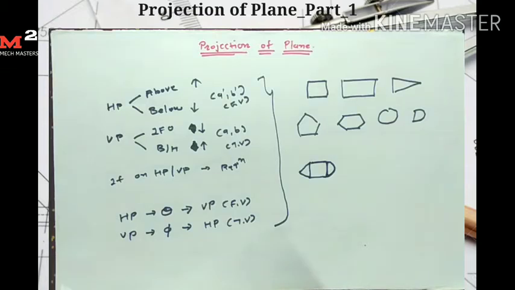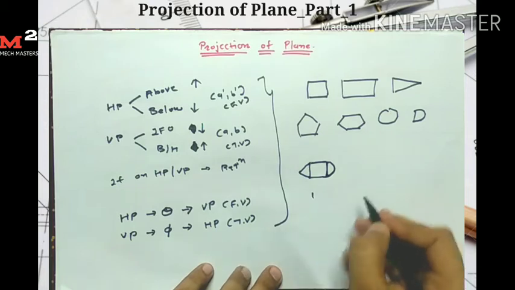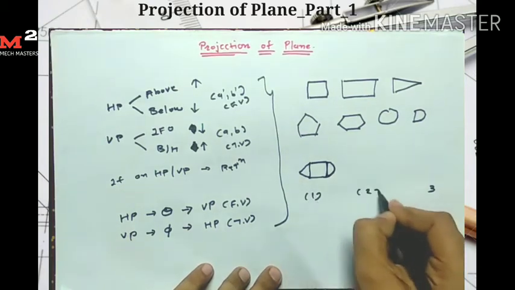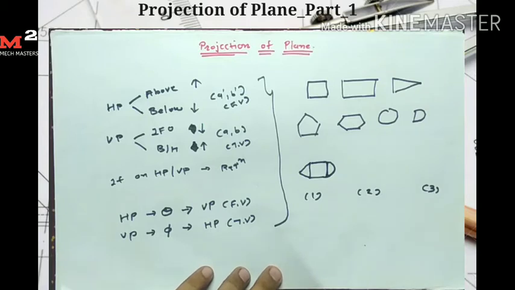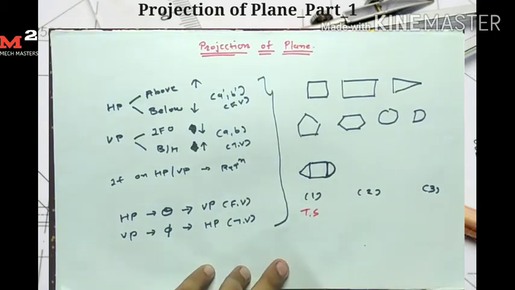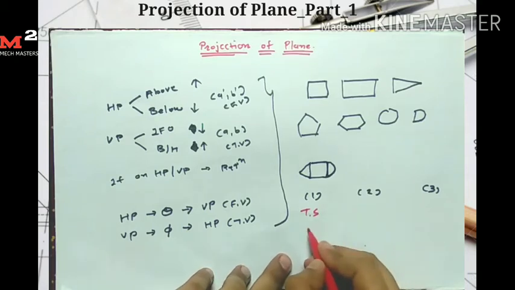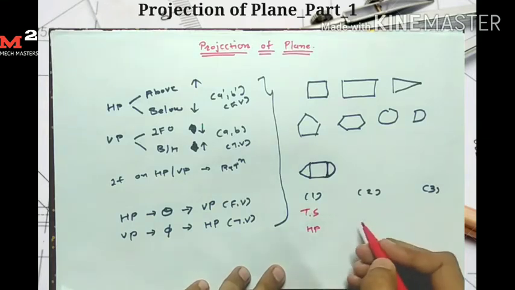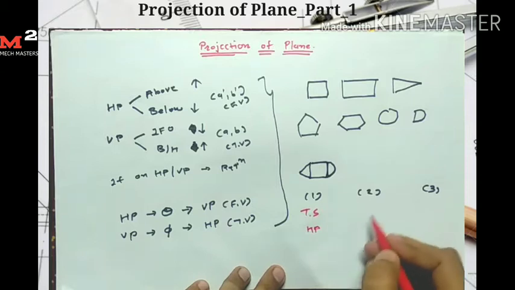conditions. In projection of plane we solve the problem in three stages: first, second and third. In the first stage we draw the true shape of the plane. True shape means the plane is resting on HP, and then we draw its front view and top view. In the second stage we draw the front view and top view when this plane makes an angle with the plane on which it rests.